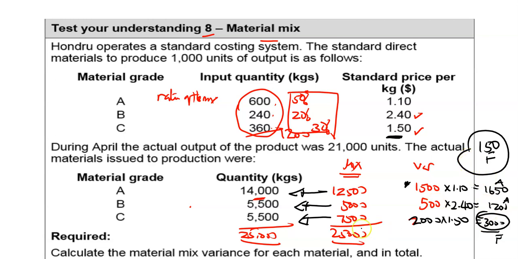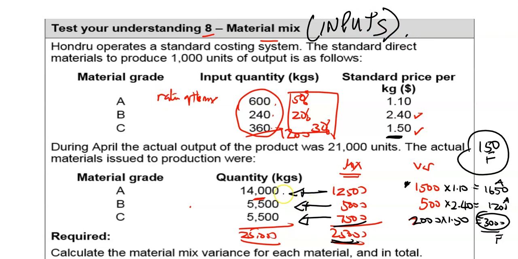The aim is to use the actual quantity, the 25,000, because we're just interested in the mix of what you've done. We will come to yield, but for now let's just focus on the mix. As I mentioned, mix is about inputs. Yield is about outputs.